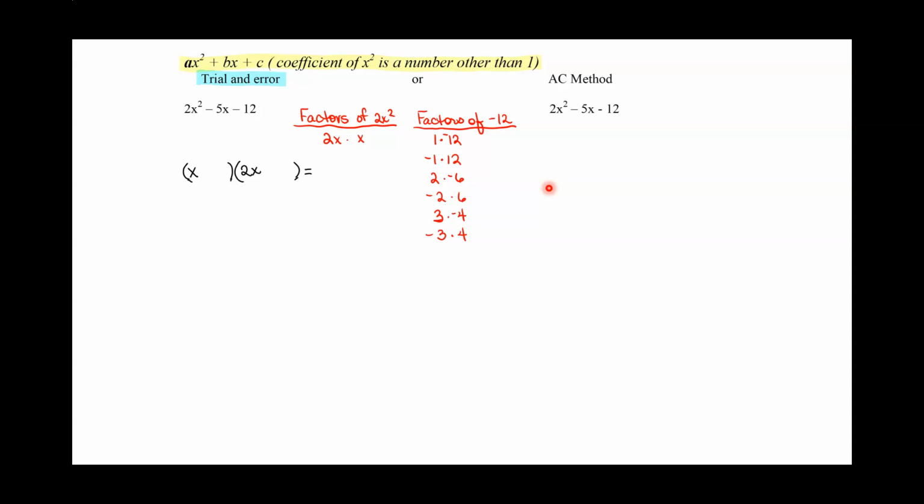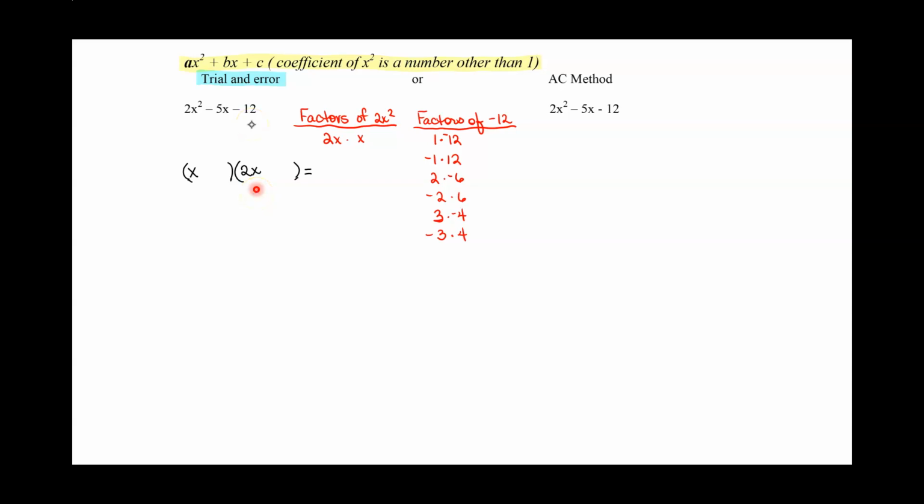But the one thing that you may still struggle with is when you have a leading coefficient that is a number other than 1. And what most textbooks are going to tell you to do is trial and error. They're going to tell you to, if you're trying to find, for instance, the factors of 2x squared, that could be 2x times x, or it could be x times 2x, and they're going to tell you to try it both ways.